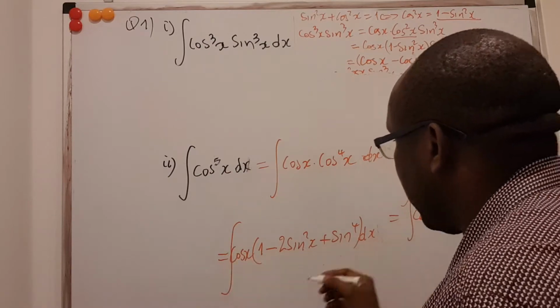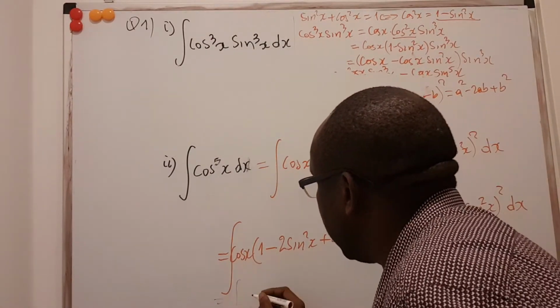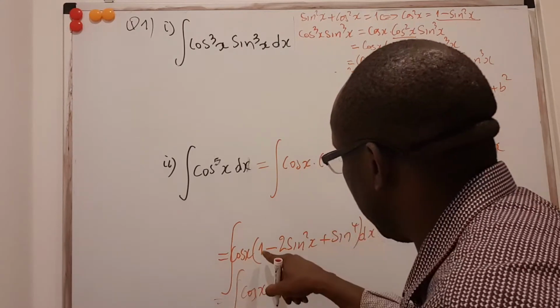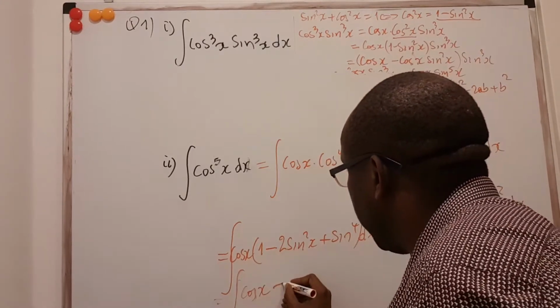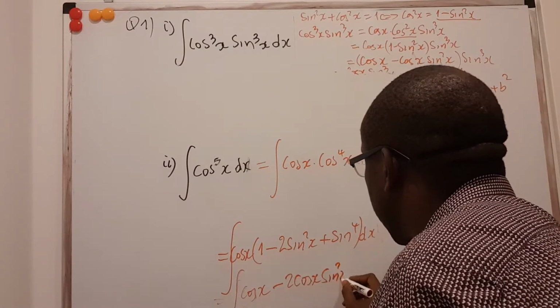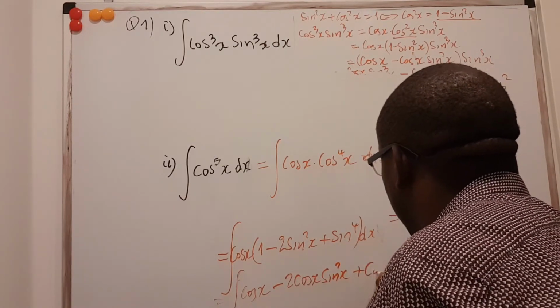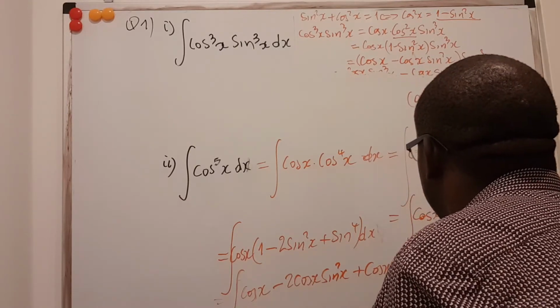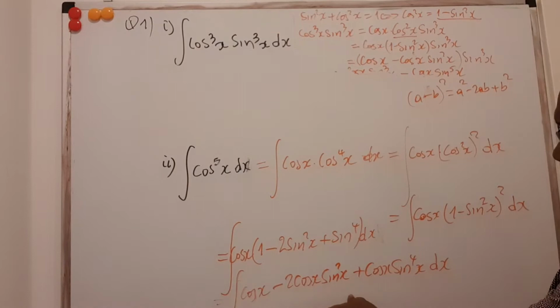So I can now open these brackets and I get here the integral of cosine x times 1, minus 2 cosine x sine squared x plus cosine x sine to the fourth power of x, all that dx. See, we have them in that form.